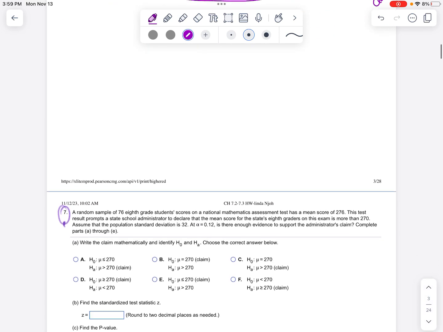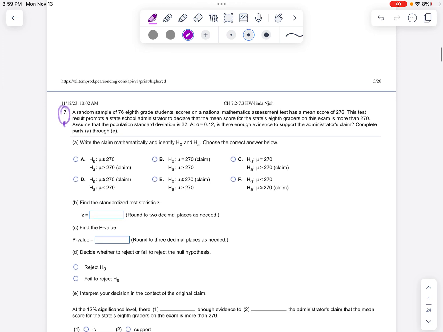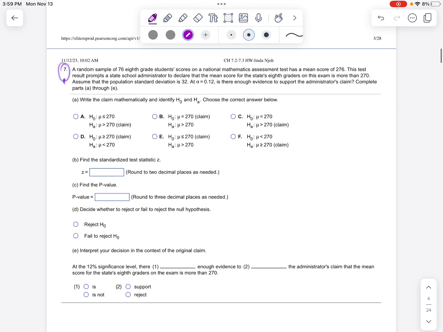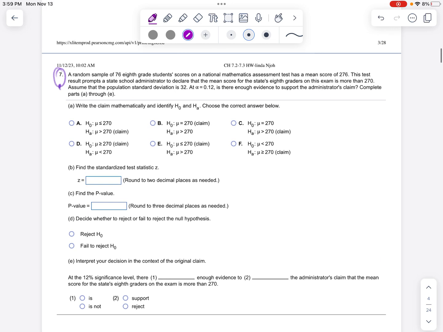All right. So let me look at 7. Number 7 is using the p-value method, which is pretty simple. They gave you n equal to 76, mean score x bar is 276, population standard deviation sigma is 32, alpha is 0.12.